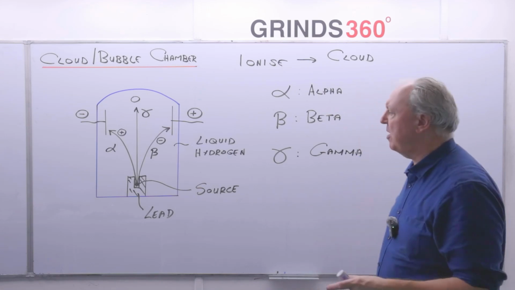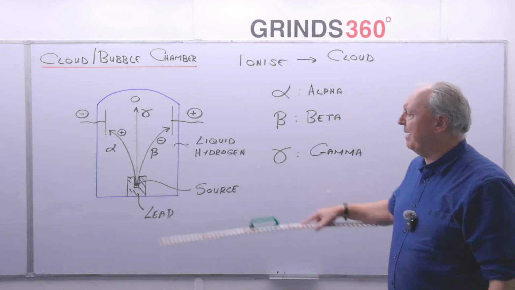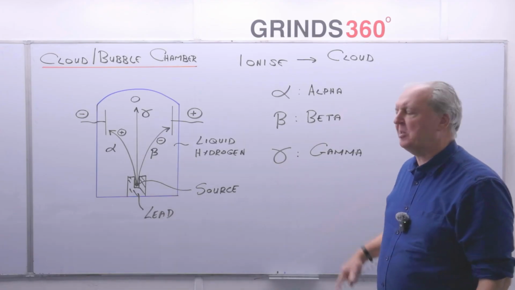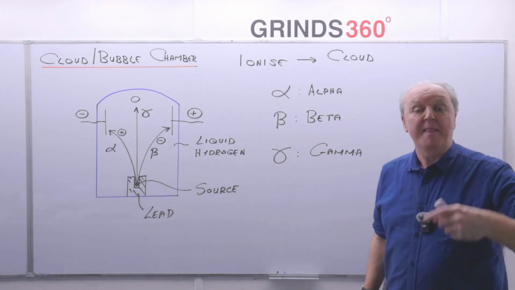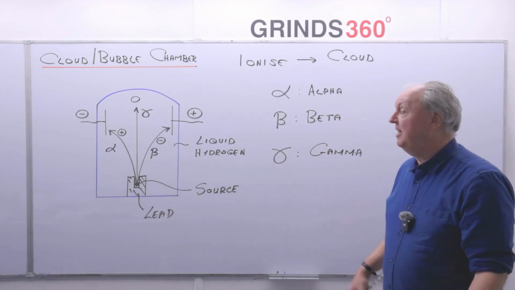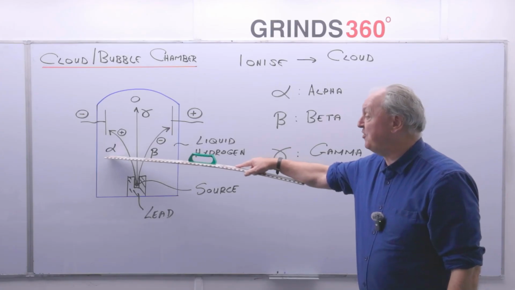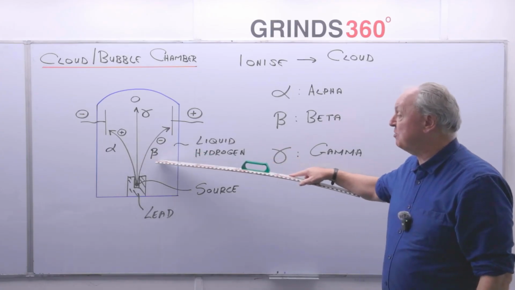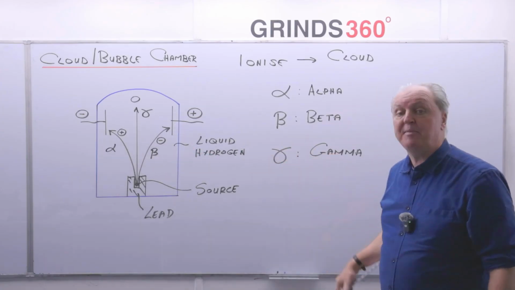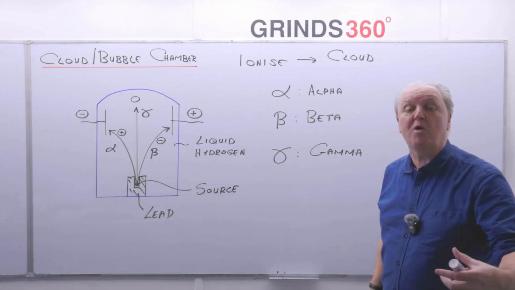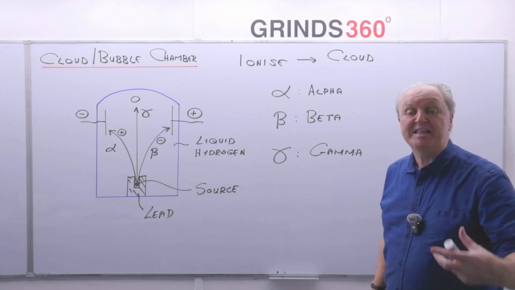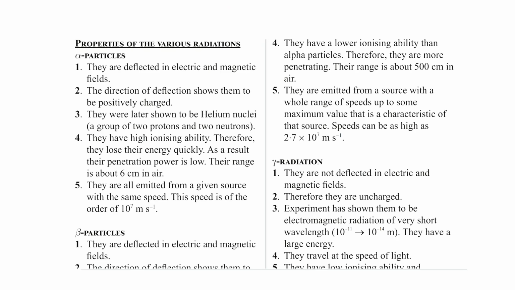Second part of the story was we put them into the bubble chamber and we separated them into three types of particles called alpha, beta, and gamma. And the next part of the story is let's actually siphon off those alphas, siphon off those betas, siphon off those gammas, and let the chemists do their work to try and discover exactly what they are. So the next part of the story is to find out exactly what alphas, betas, and gammas were.